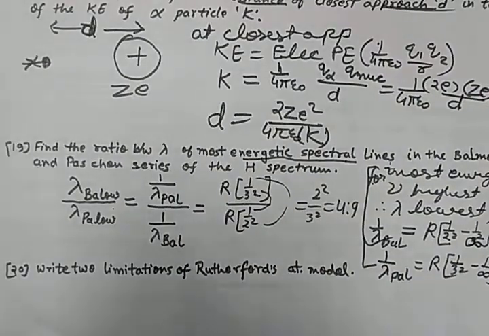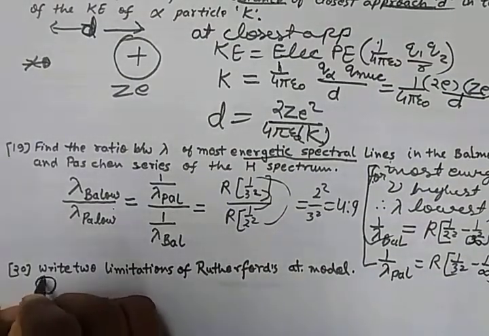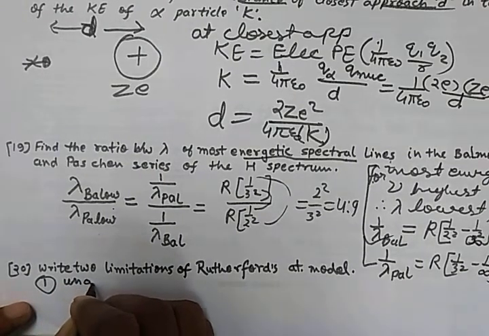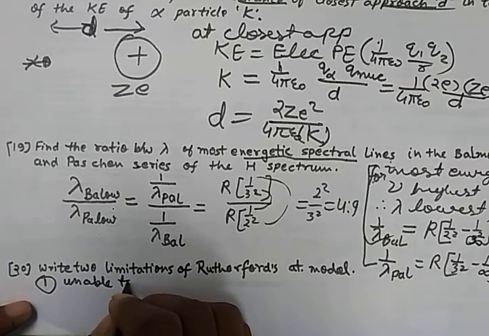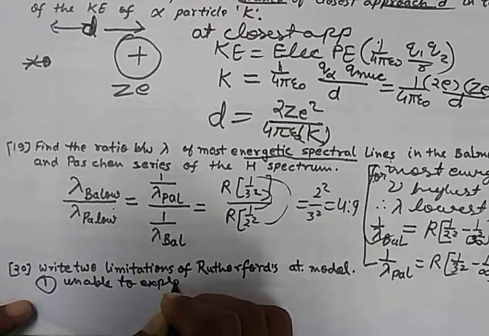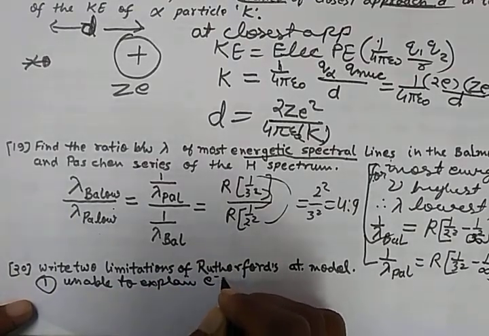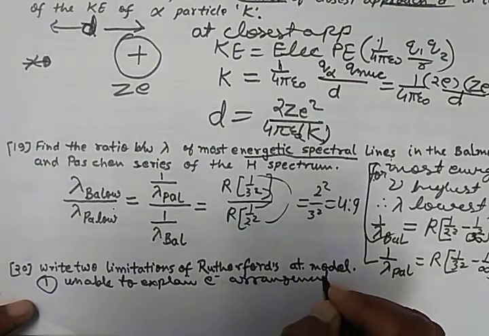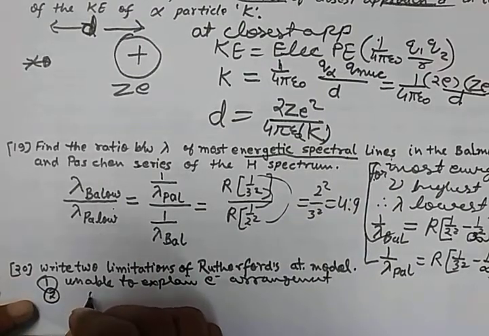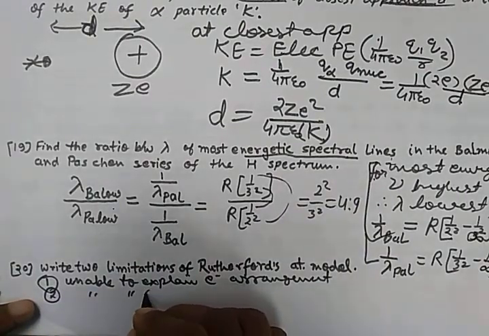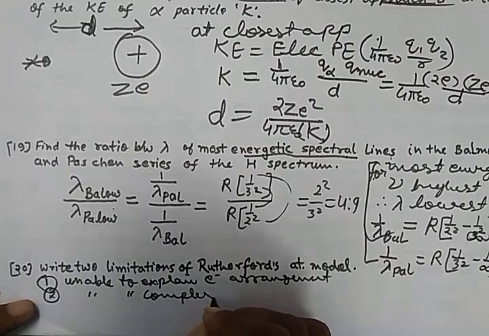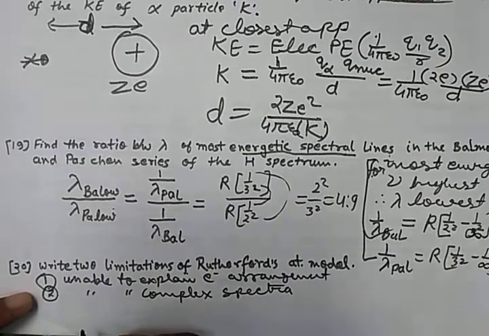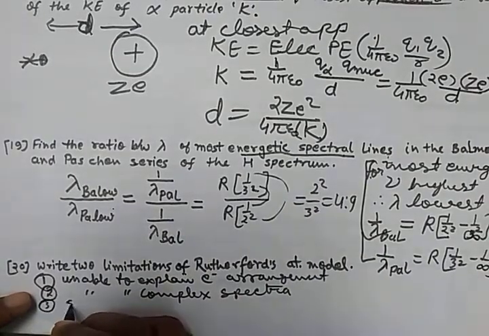Write two limitations of Rutherford's model. First thing, unable to explain electron arrangement. Second, unable to explain complex spectra. And third one, stability of atom.